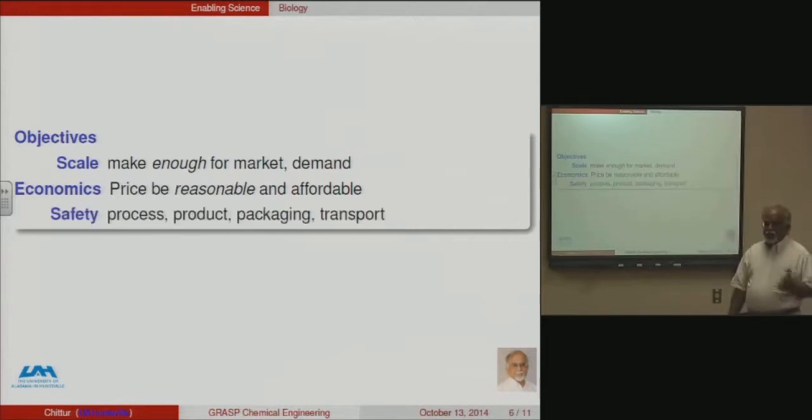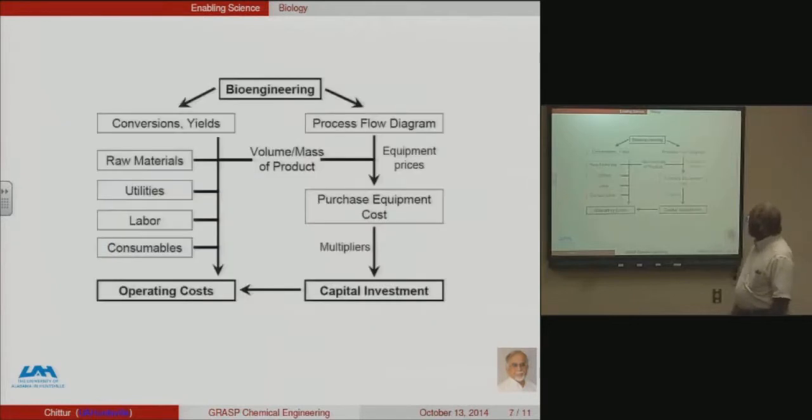Certainly, safety is a very important part of it. The engineer has to design a process that is safe, package it, and be ready to transport it. Okay, so very, very briefly, what are some of the engineering criteria, engineering factors that somebody might be looking at? For example, some of the factors are things like conversions and yields.